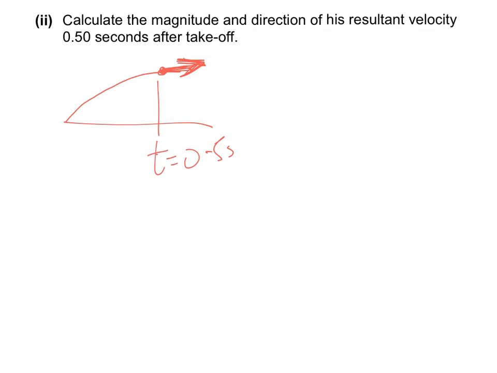So at t equal to 0.5 seconds, there will be a new velocity. Remember that the horizontal velocity stays constant the whole time, but he will still have a tiny bit of residual vertical velocity here, and that will give him an overall velocity, which is the sum of these two.